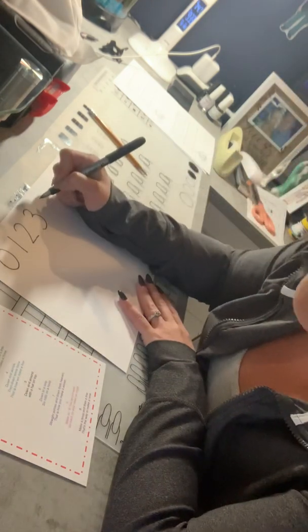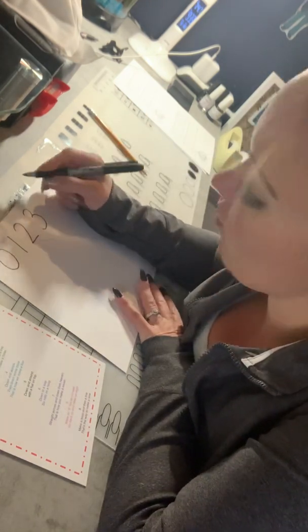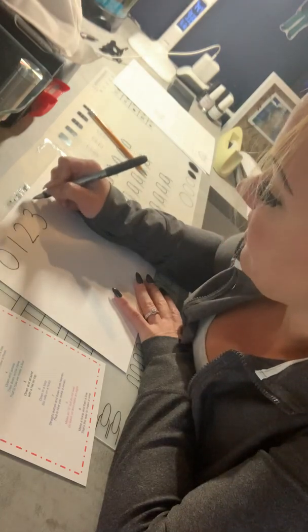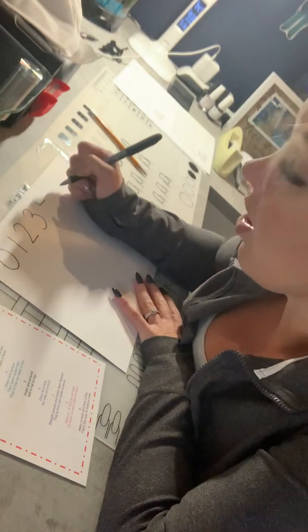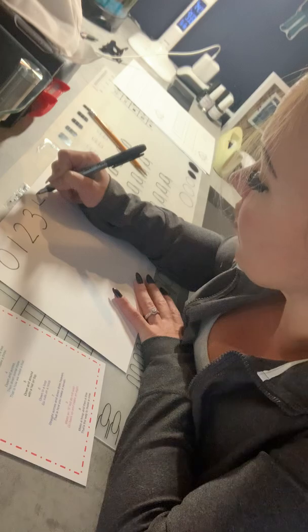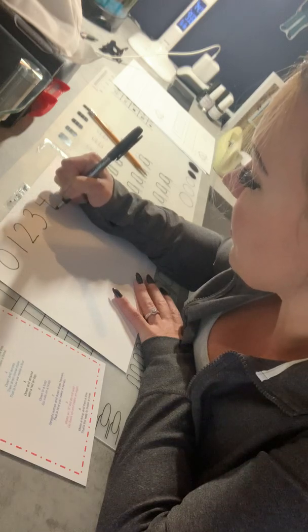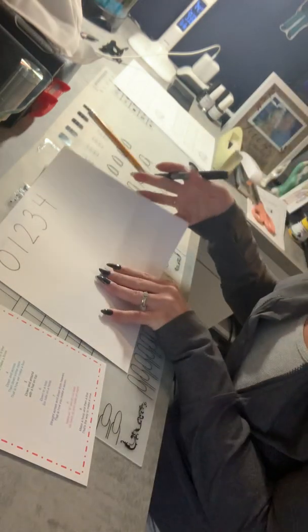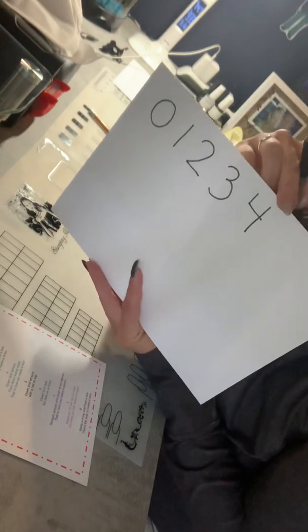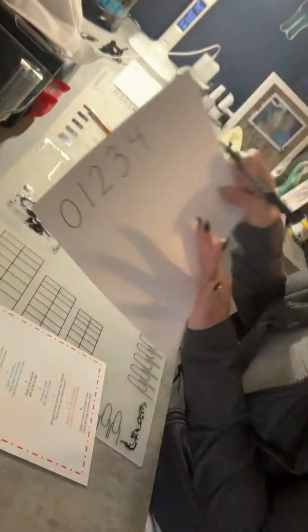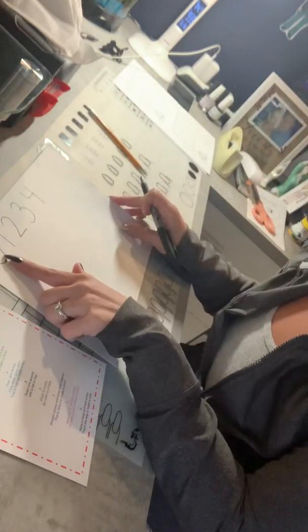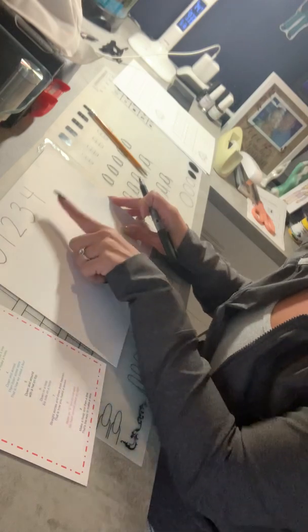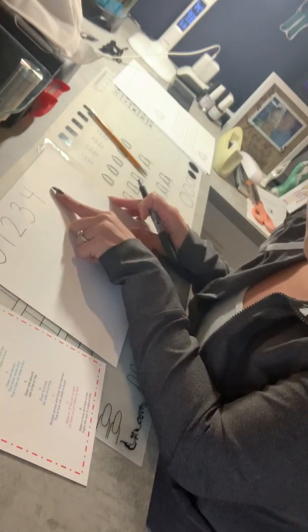So start at the top and we're gonna make a little line down and over. So, down and across. And down once more. So you come back to the top and you make a big line down. That is how you make a 4. Like that. Now, 0, 1, 2, 3, 4, 5.